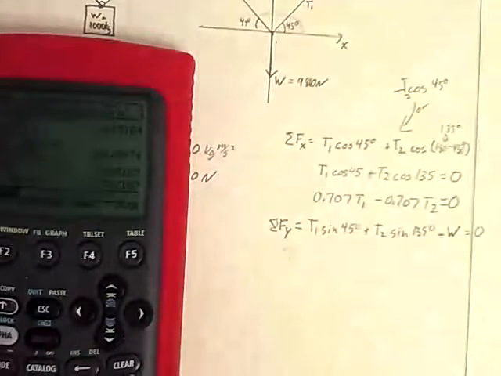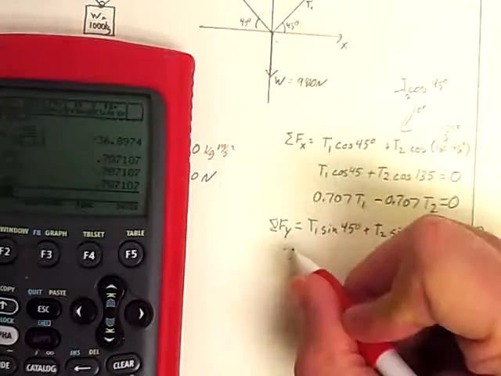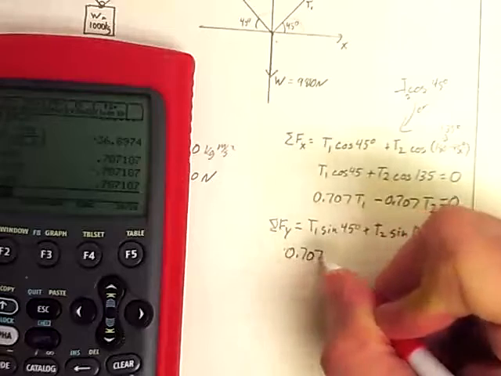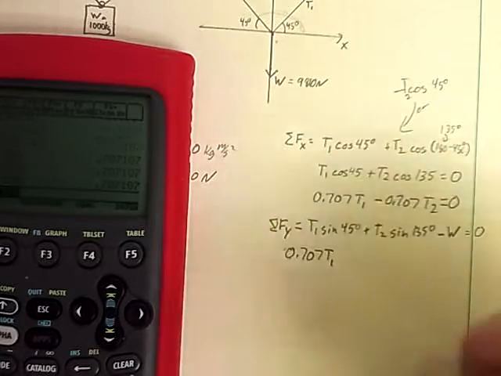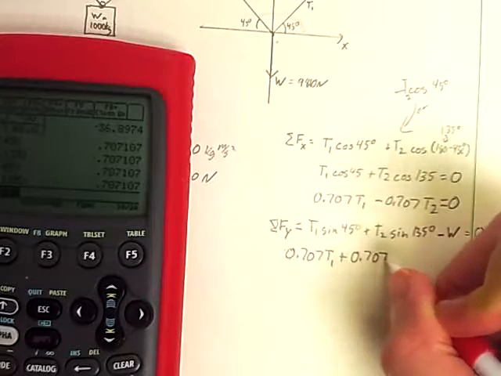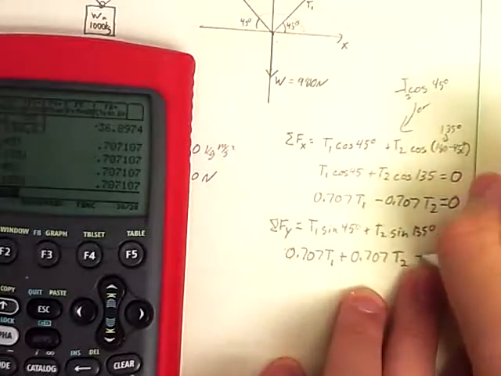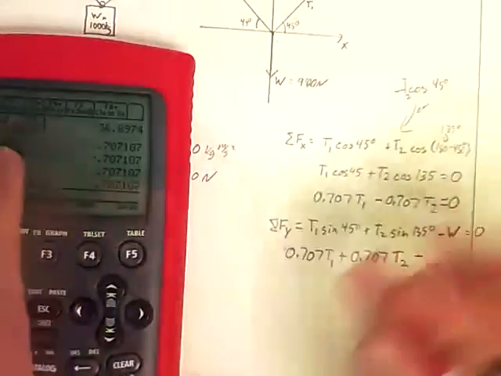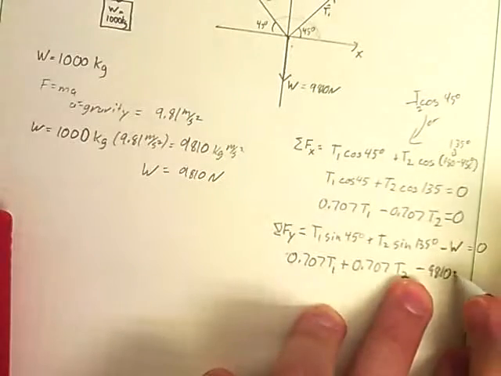The sine of 45 is 0.707 times T1. The sine of 135 is also positive 0.707 times T2. Minus our weight, 9,810, has to equal 0.